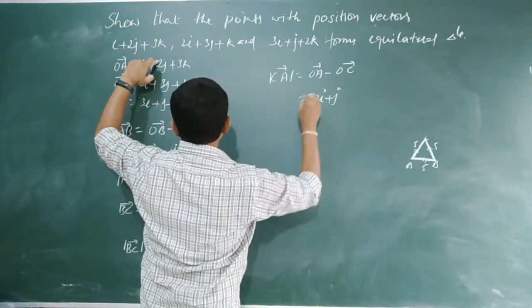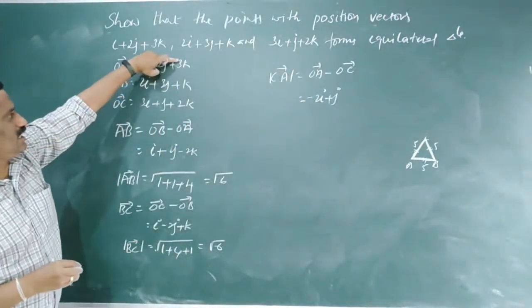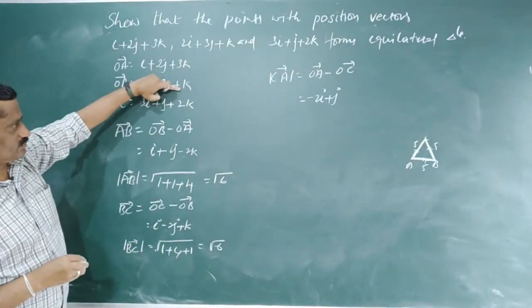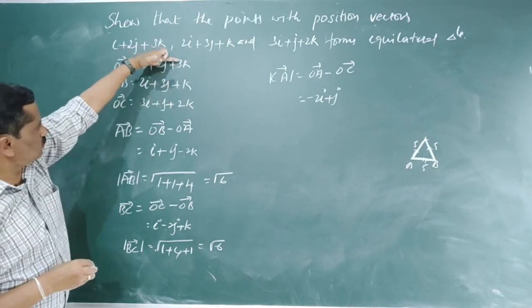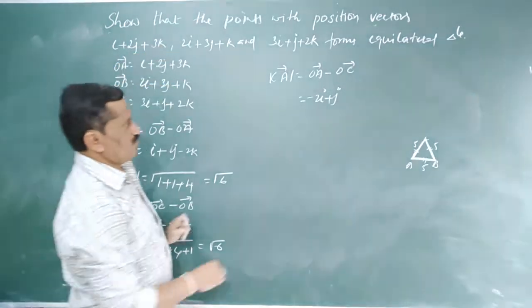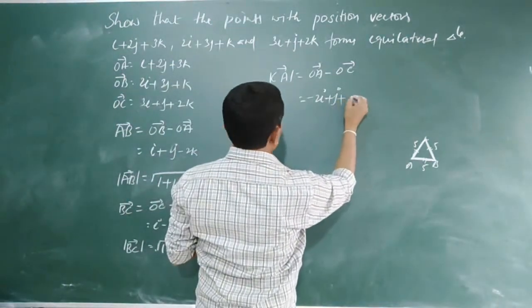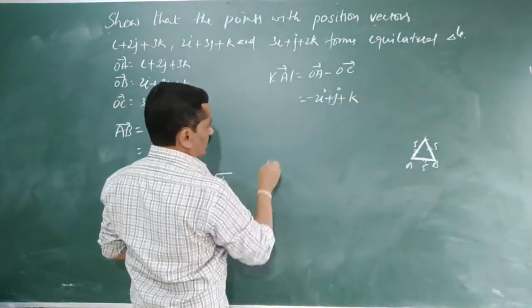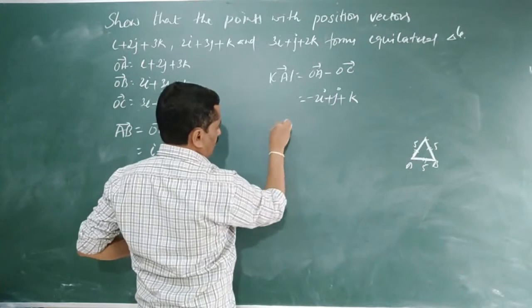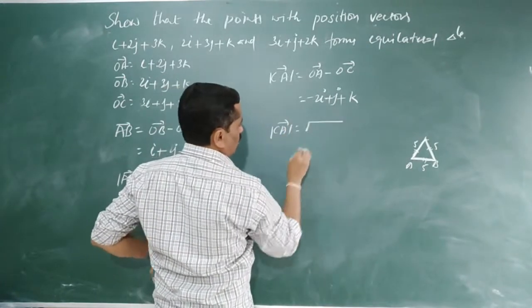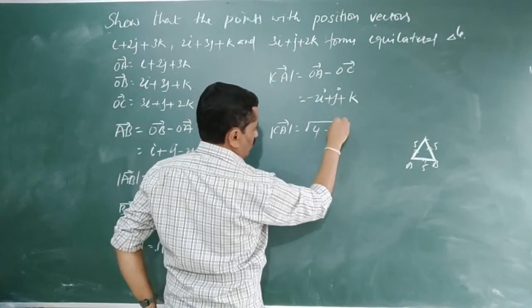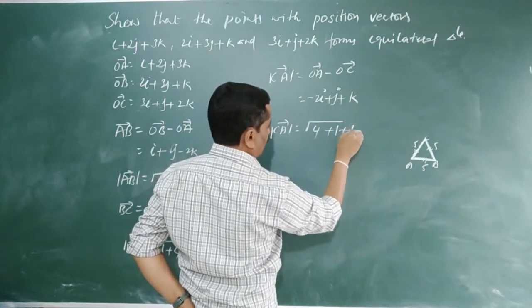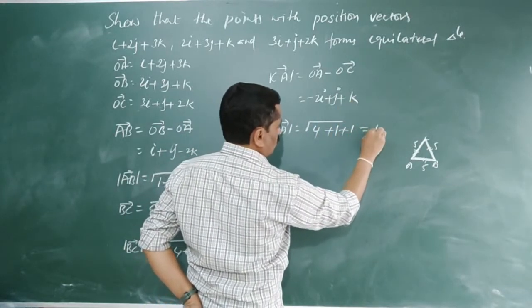Again 3 minus 2, we have plus 1k. Now find the magnitude of CA bar. That is equal to the square root of minus 2 whole square, plus 4, plus 1 whole square, plus 1 whole square, that is equal to root 6.